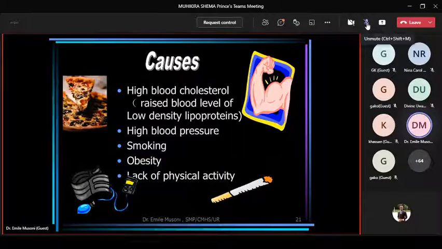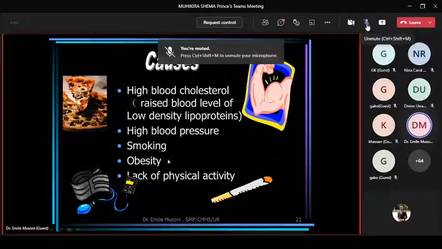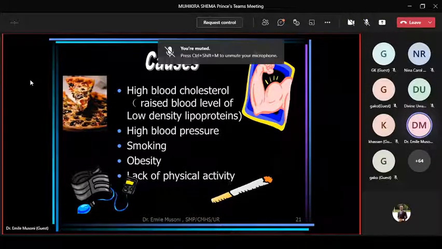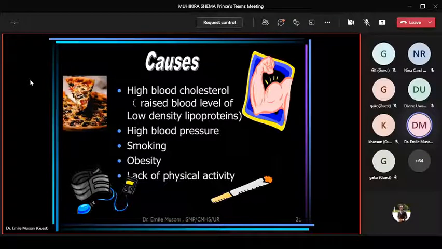And in that case, when there is excessive fat, low density lipoproteins, there will be accumulation of that fat and smooth muscle in the lumen. Then there will be atheromatous plaque. Consequently, there will be atherosclerosis.